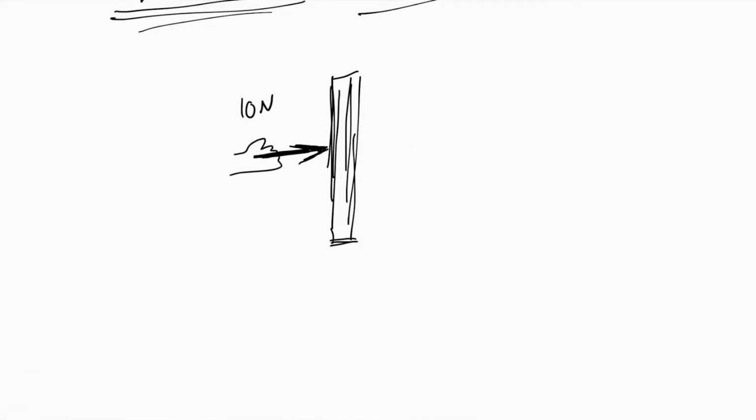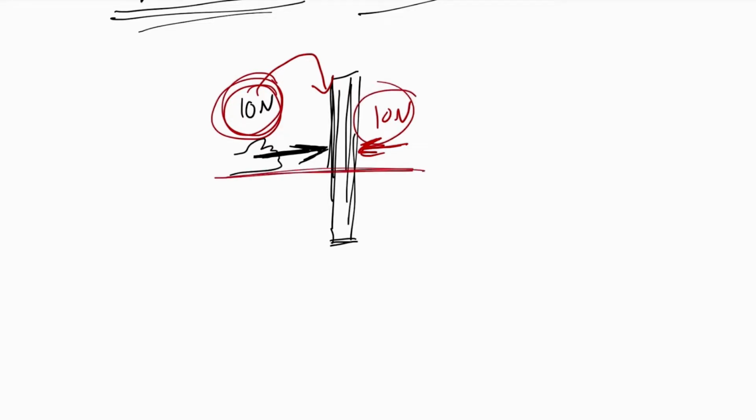The wall is going to be pushing you back with 10 newtons. So for every action, which is pushing the wall with 10 newtons in this case, there is a reaction, which is the wall pushing you back, which is equal in magnitude. Both of them have 10 newtons, but the direction is opposite.